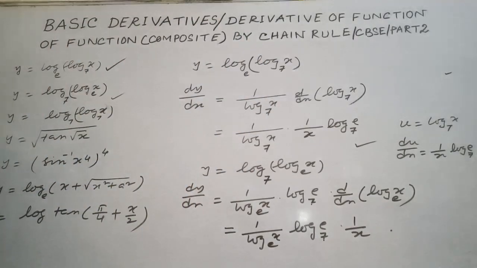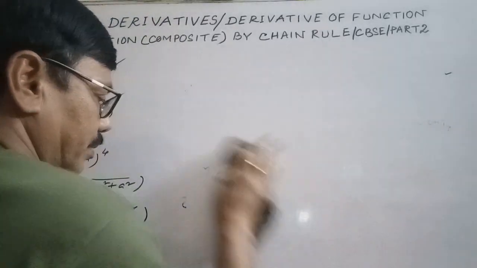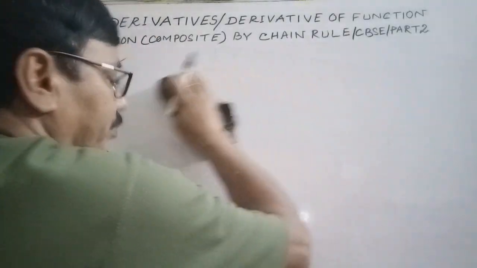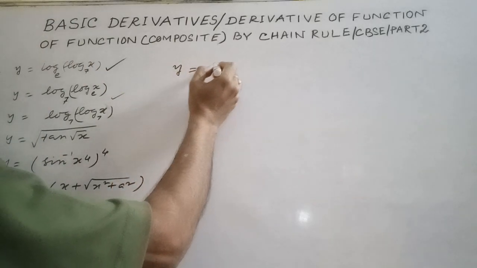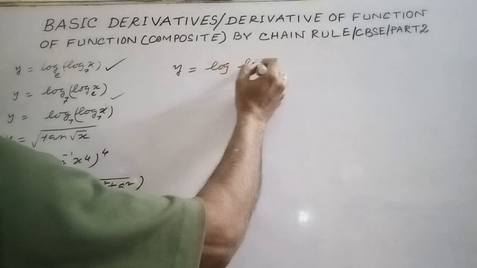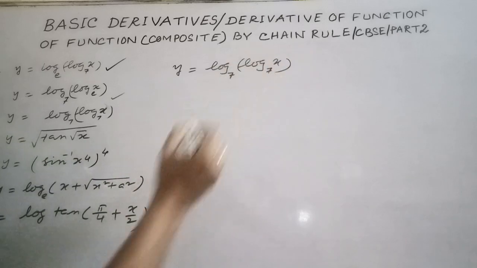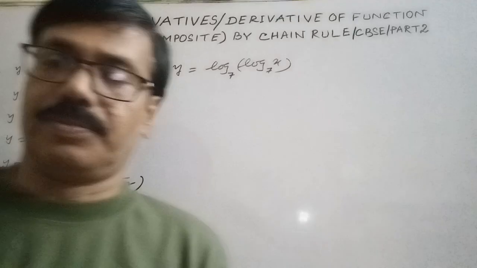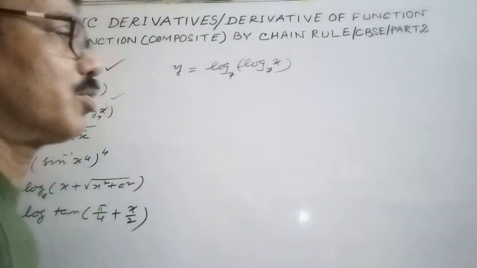So this one is second. Now third one. So look at the difference. y equals log of log x. Here base is 7, here base also 7. So basic concept, you should know the basic concept.